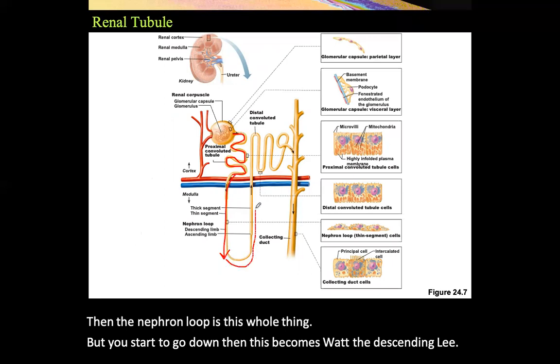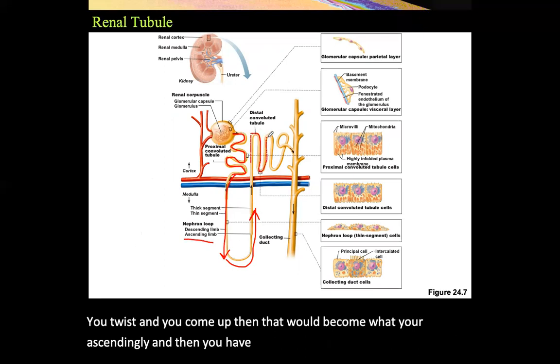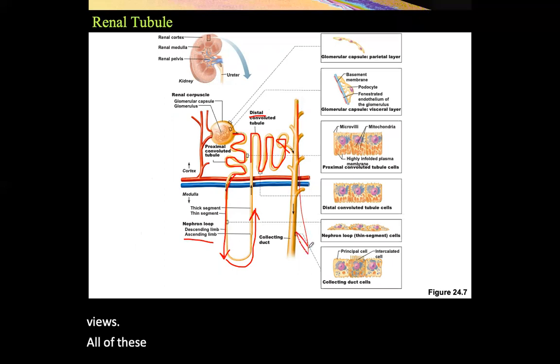You twist and you come up, then that becomes what? Your ascending limb. And then you have a bunch of, again, convoluted tubules, but now these are farther away, so these would be your distal convoluted tubules. All of these will empty into this, which is called the collecting duct.